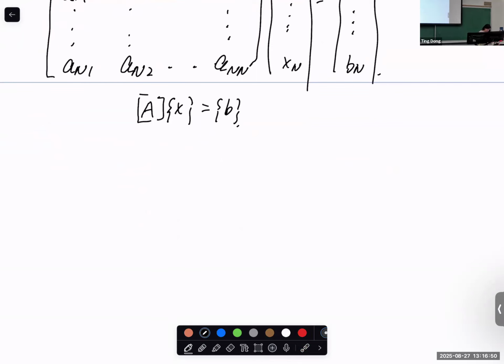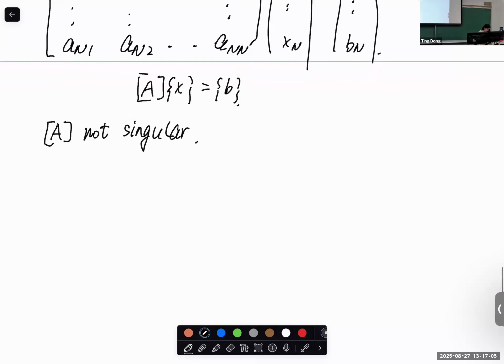So now let's assume that A is not singular. Then let's write in detail.